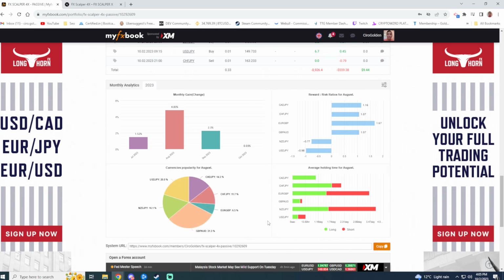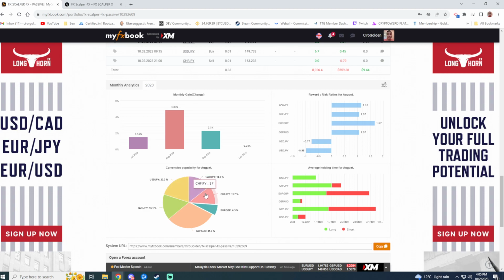It looks like Euro GBP was our least used pair with only 15 positions throughout the whole entire month. And then, as you can see here, CHF JPY only 27, CAD JPY 33, and USD JPY 46, and NZD JPY with 37.